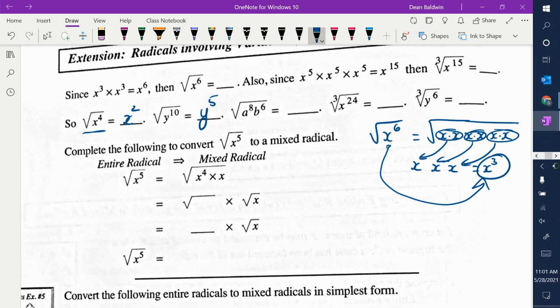Square root of a to the 8, b to the 6. a to the 4, b to the 3. You don't add them together, just keep them individual. So a to the 4, b to the 3. Cube root of x to the 24.